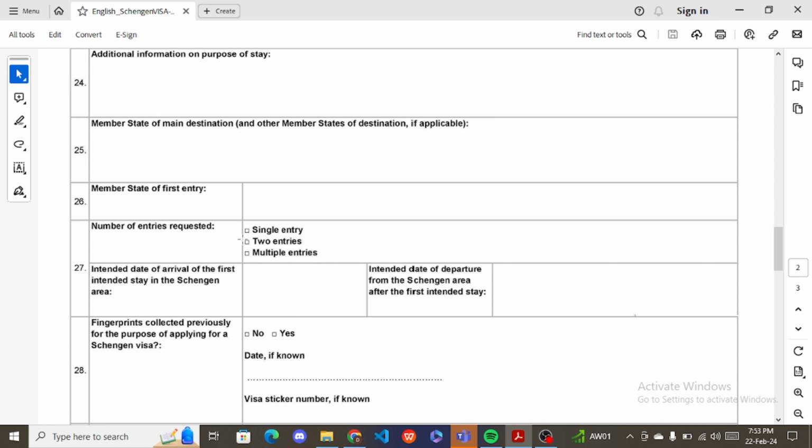The difference between the single, two entry and multiple entry means that for the single entry, let's say my destination is Malta, that visa can only take me straight to Malta. Once I enter Malta, I cannot leave Malta on that visa, because if I do leave, I cannot re-enter.